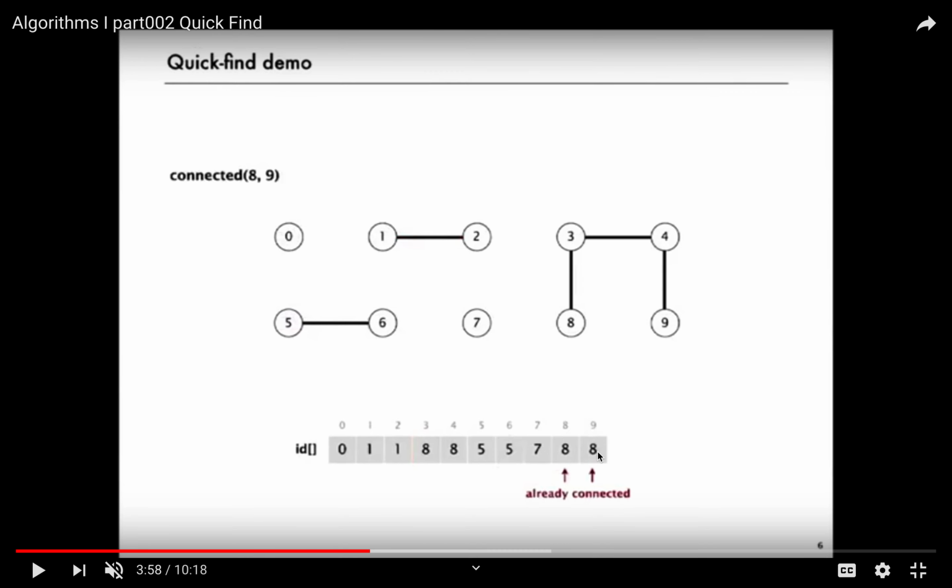So for 8 and 9 we have the same ID, that is 8. According to our theory, 8 and 9 are already connected. That is from the array. From the diagram also we can see 8 and 9 are connected: 8, 3, 4, 9 are in the same component.